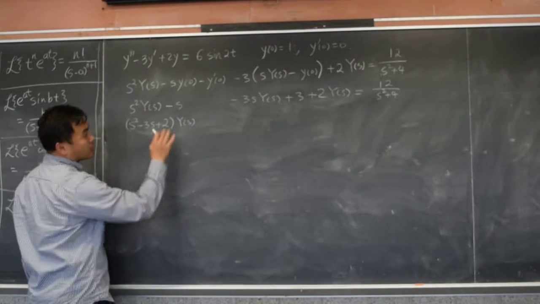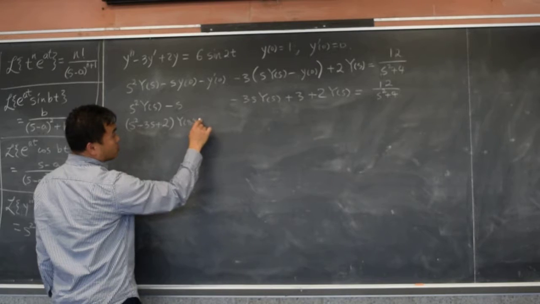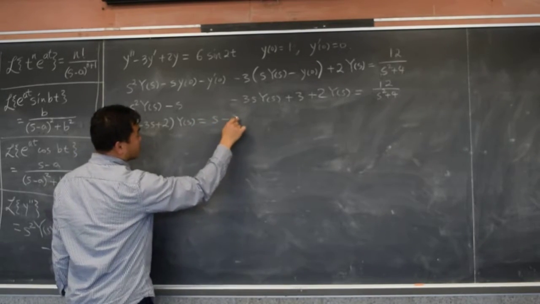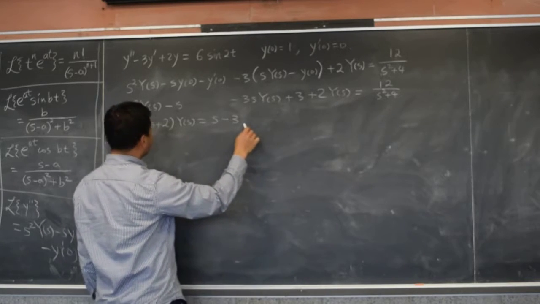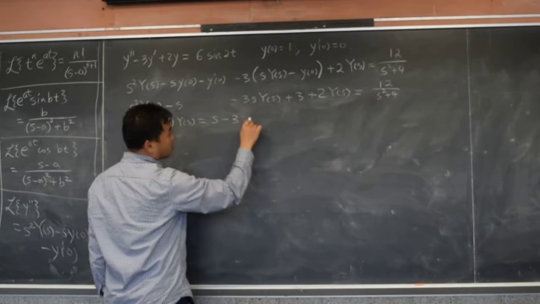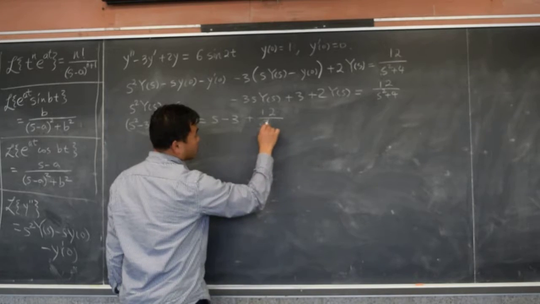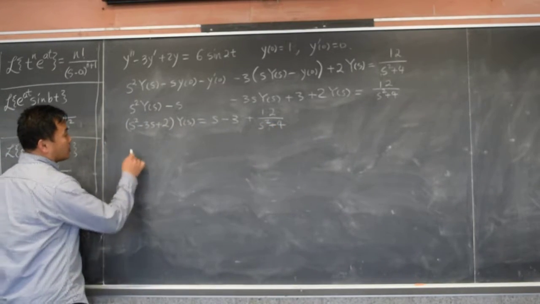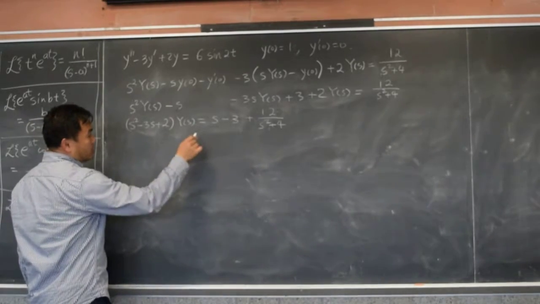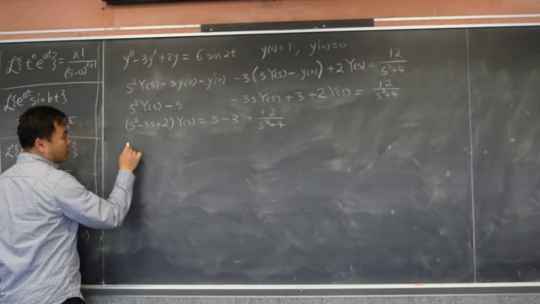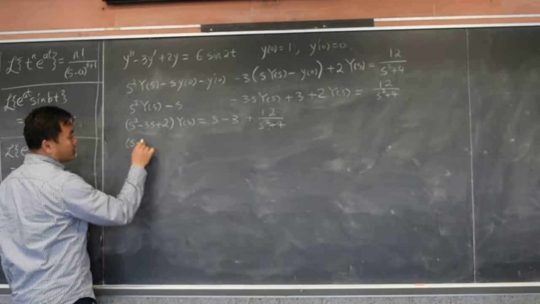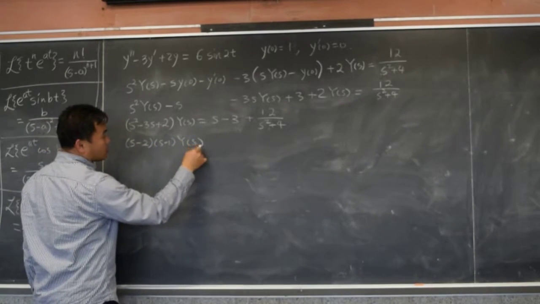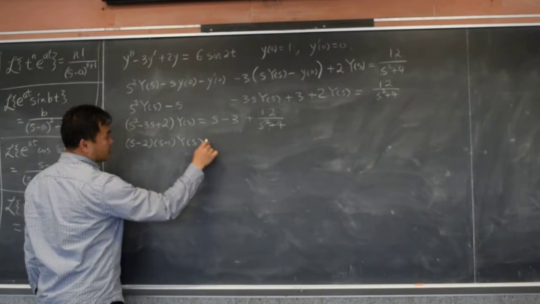And then s and 3 go to the other side. So that becomes s minus 3, and then plus 12 over s squared plus 4. Now you divide this to the other side, but before you divide, it's good to factor: s minus 2, s minus 1. So this is what we're going to divide to the other side.